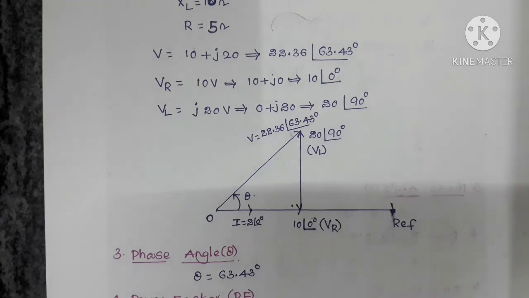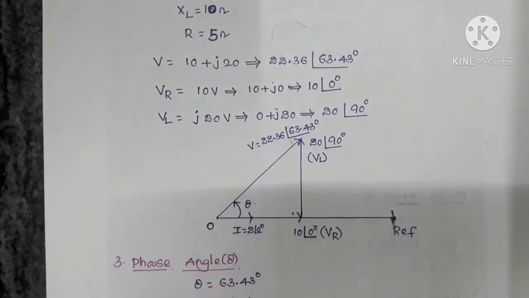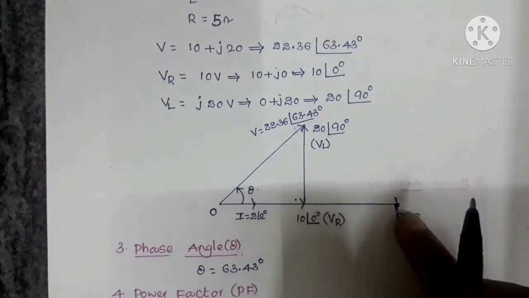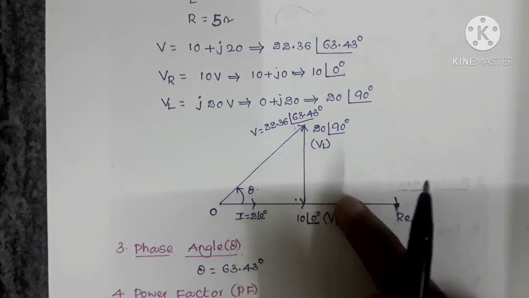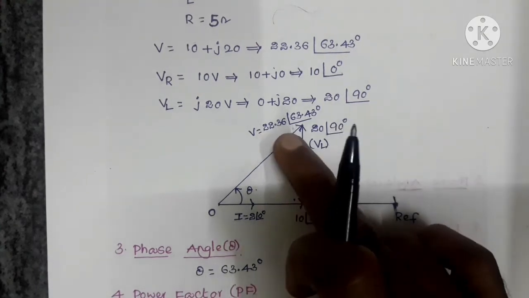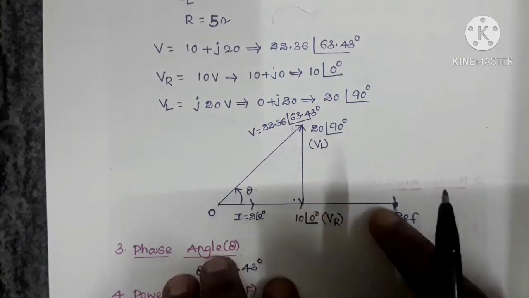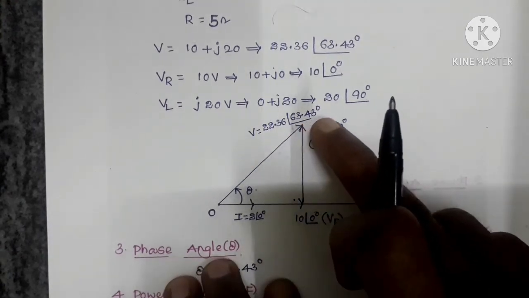VR is in the direction of the current, and VL is ahead of the current by an angle of 90 degrees, and the resultant voltage, that is the supply voltage, is ahead of the current by an angle of 63.43 degrees.